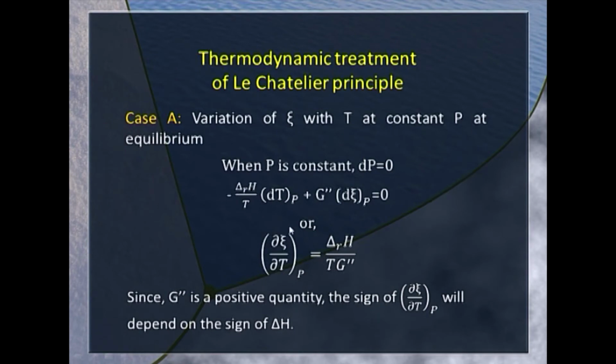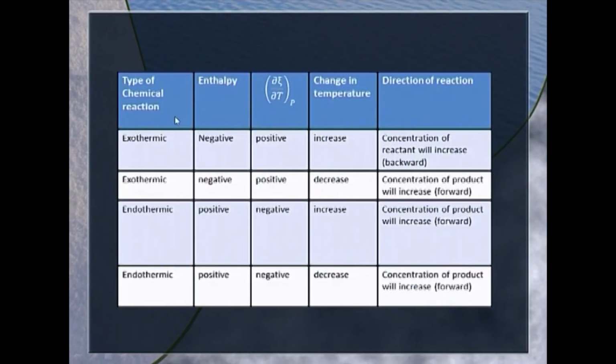The term here will depend upon this term, because G double prime is a positive quantity and temperature is always a positive quantity. So, there is a direct dependency of the enthalpy on the change in extent of reaction with temperature. A table can be plotted for the type of reaction, exothermic or endothermic. In an exothermic reaction, the enthalpy is negative.